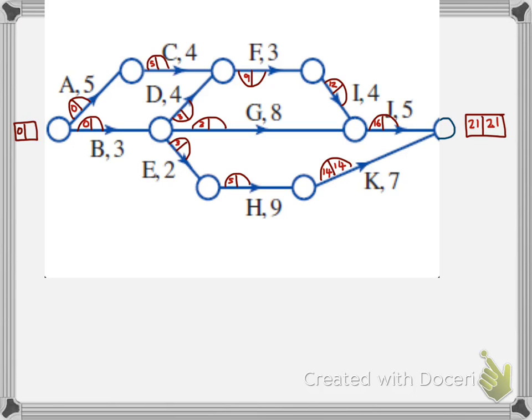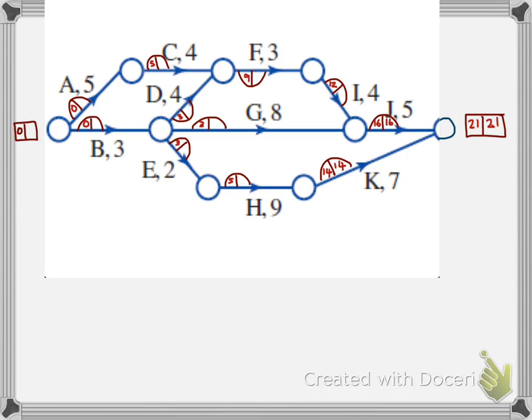Whoops, take that away. Okay, what about activity J? The latest it can start is what we want. So we take the 21, take away the 5 J takes to do. The latest it's going to have to start is the 16-minute mark. So I'm going to put a 16 in there.